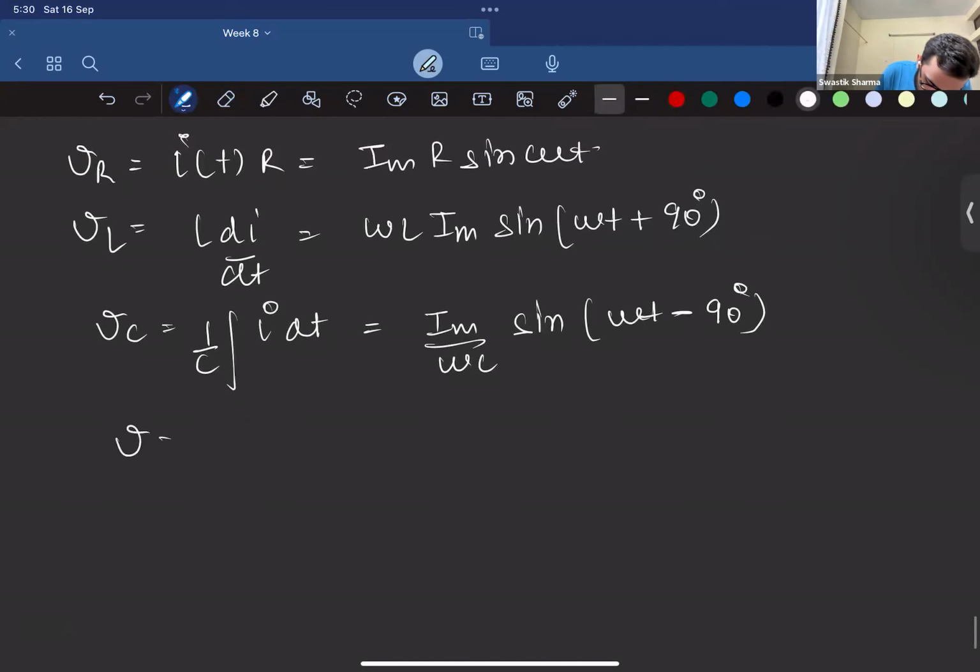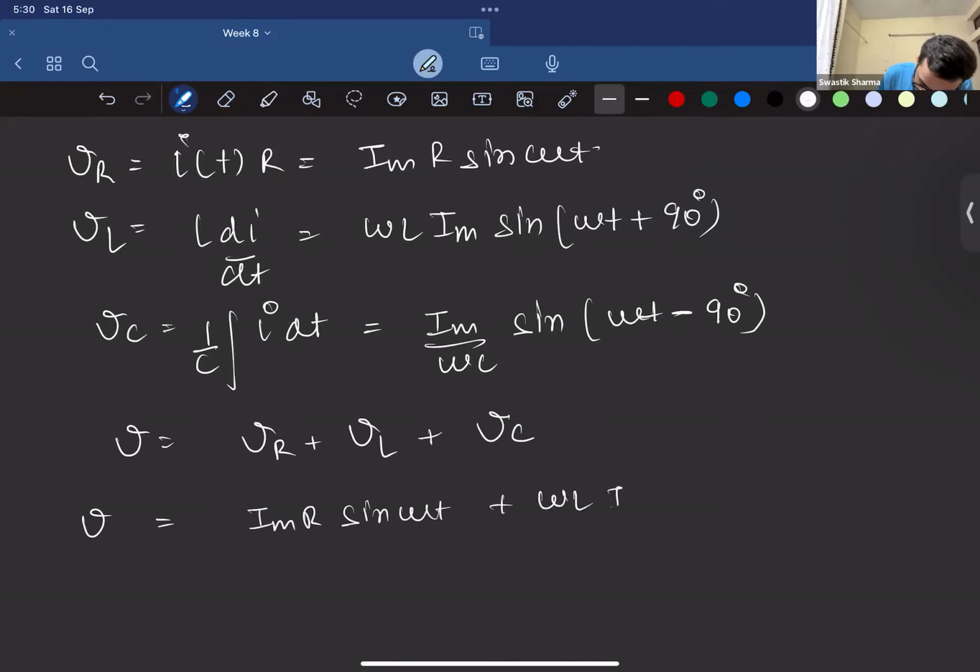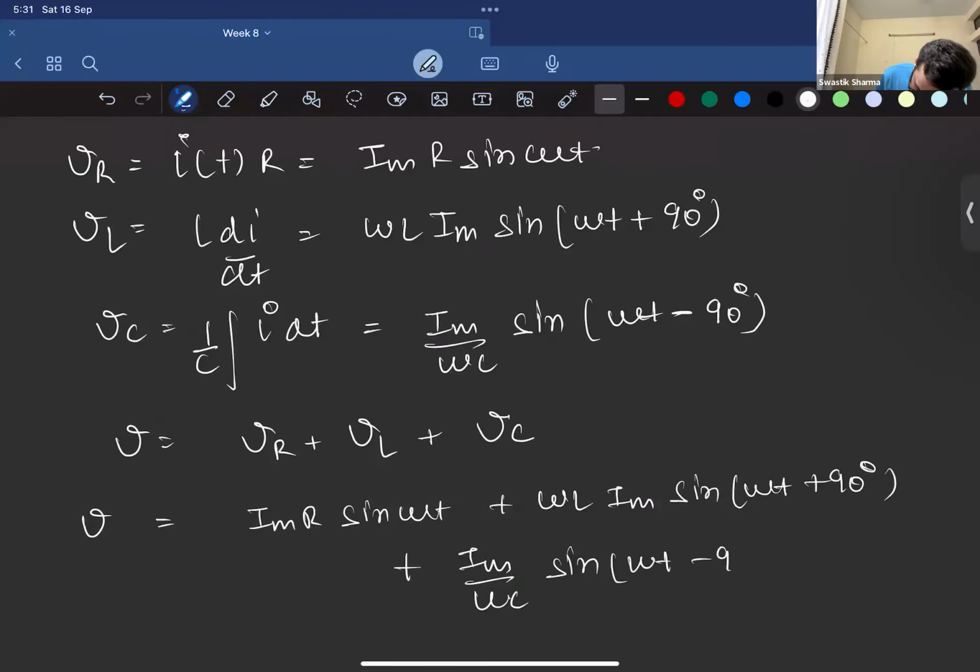So V was nothing but VR plus VL plus VC, which can be written as Im R sin omega t plus omega L Im sin of omega t plus 90 degrees plus Im upon omega C sin of omega t minus 90 degrees.